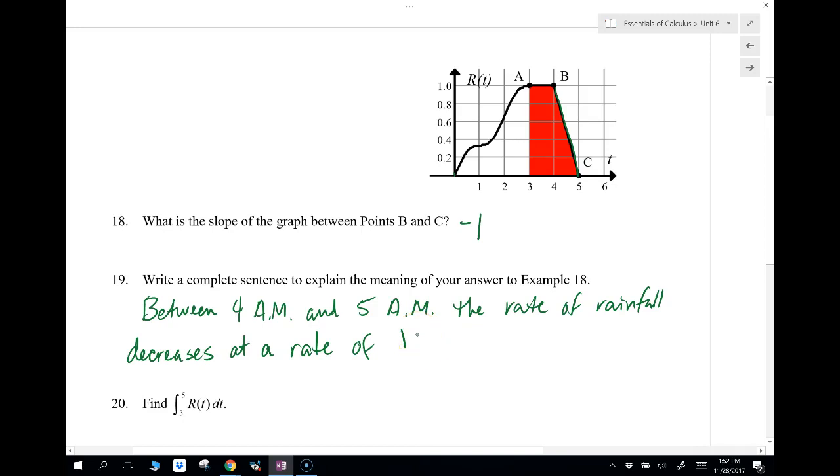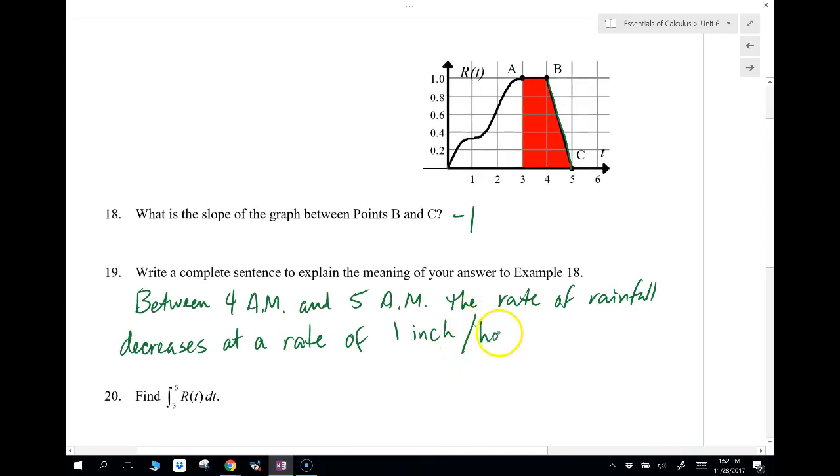I believe this is in inches. 1 inch per hour per hour. Sometimes people say 1 inch per hour squared, but it's probably better to say 1 inch per hour per hour.